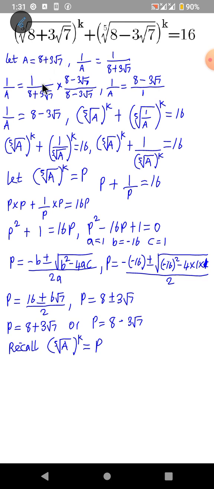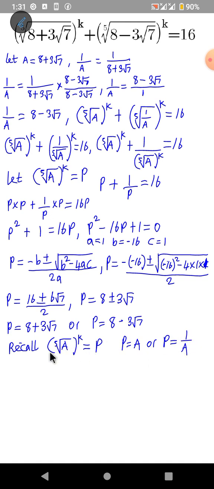So I can replace, that means p is equal to a, or p is equal to 1 over a. We know that p is equal to 8 plus 3 root 7, and 8 plus 3 root 7 is the value for a. And we also know that p is equal to 8 minus 3 root 7, and 8 minus 3 root 7 is the value for 1 over a. So we say p is equal to a, or p is equal to 1 over a.